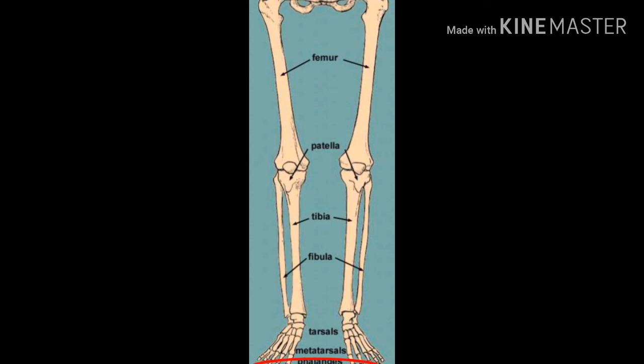The 14 phalanges of the toes are a good deal smaller than those of the fingers, and thus much less nimble, but their general structure and arrangement are the same. There are 3 phalanges in each digit except for the great toe, the hallux, which has only 2, the proximal and distal phalanx.